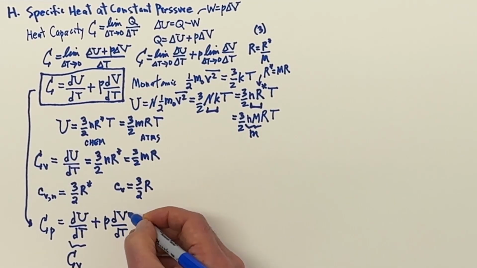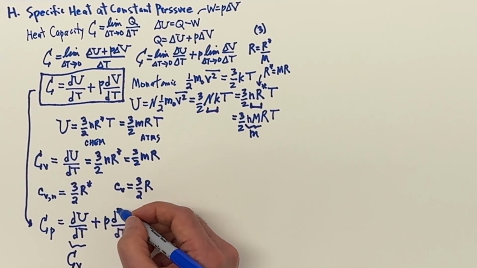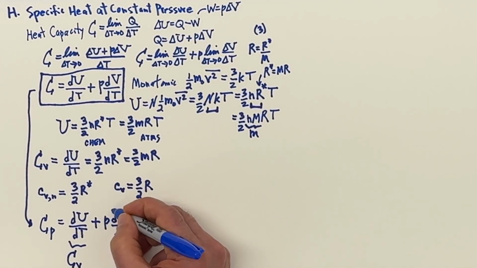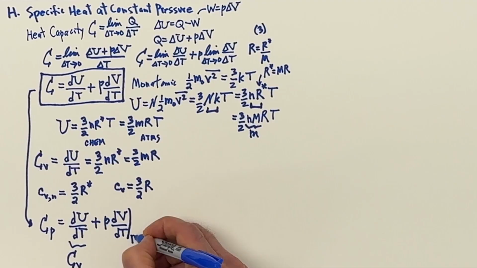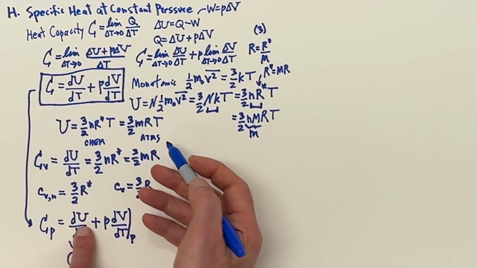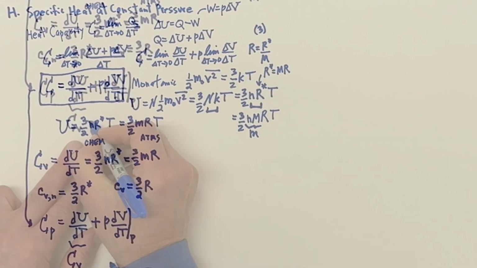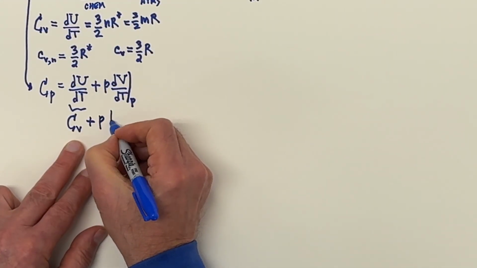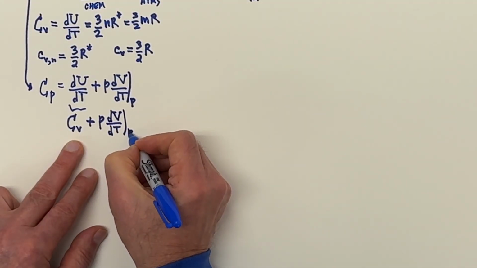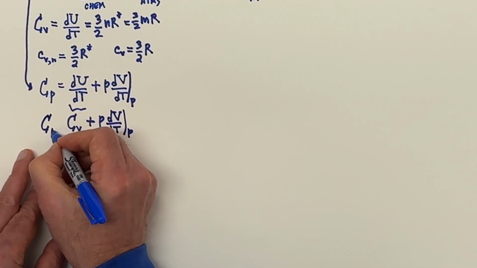And now, here I remind myself that this is a constant pressure. So I could put like a little line here, or you can do a bracket and just put a little footnote there, a subscript, say P, and that means keep the pressure constant. I don't have to worry about keeping the pressure constant there because the energy doesn't depend on the pressure. Just take the derivative. So this is plus P dV dt at constant pressure.